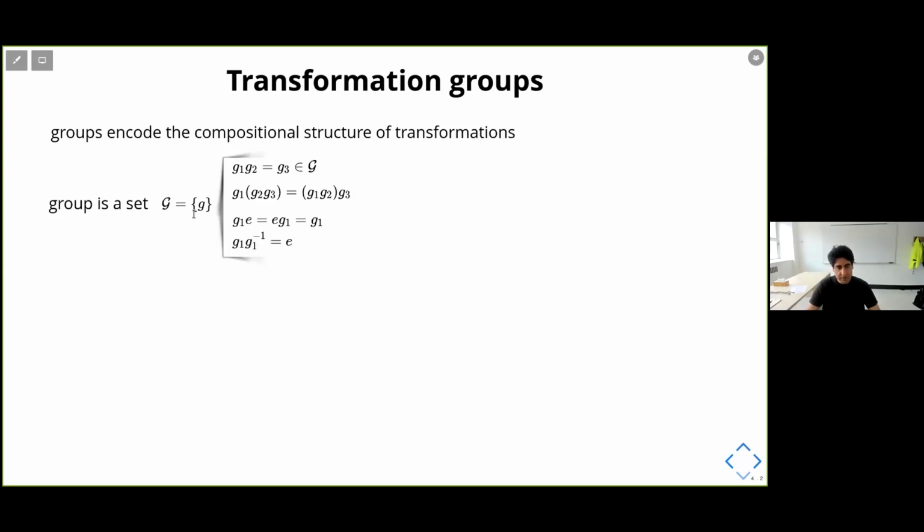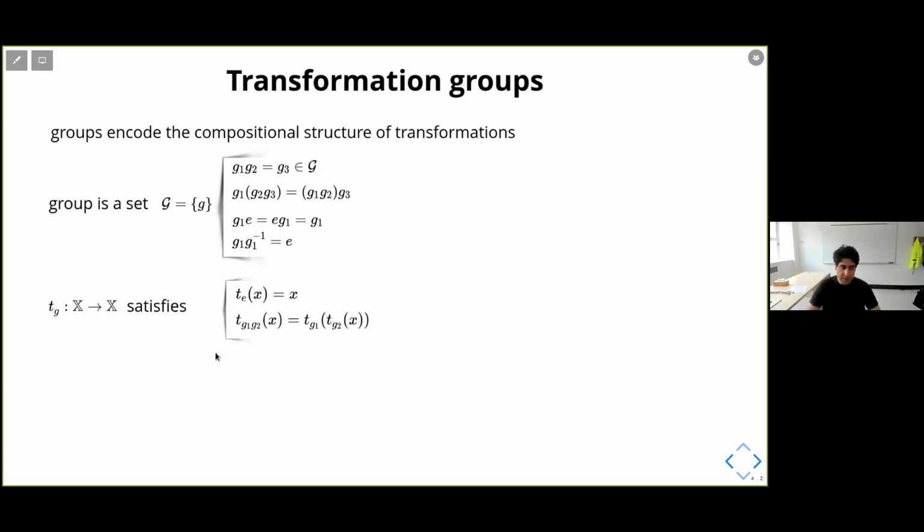Now, once we've defined this group, we can say the transformations T are parameterized by the members of the group, and these transformations satisfy two conditions. One is that the transformation corresponding to the identity element of the group is the identity transformation. The second constraint on T is that the transformation corresponding to the composition of the group members is equal to the composition of those transformations.